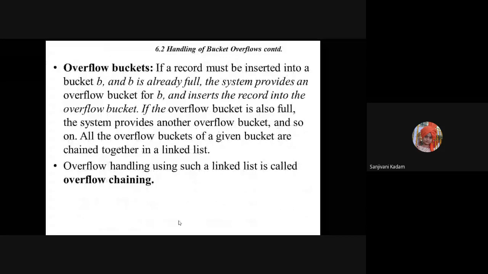Or we can go for overflow chaining. Overflow chaining means that whenever our bucket overflows, we can assign a new bucket, just like in linked list chaining, where to one node we attach the next node, in a dynamic way. So if one bucket gets full, we can assign a new bucket.